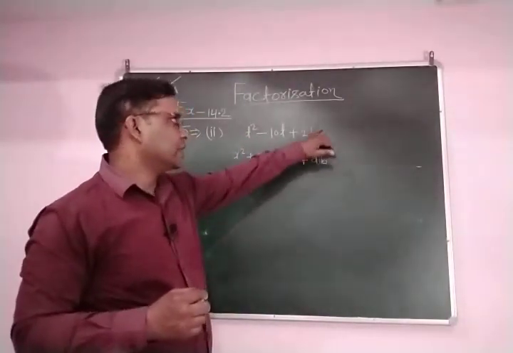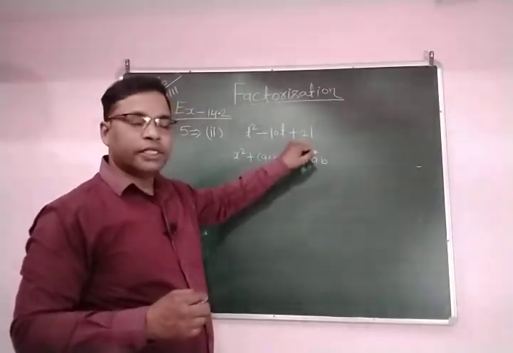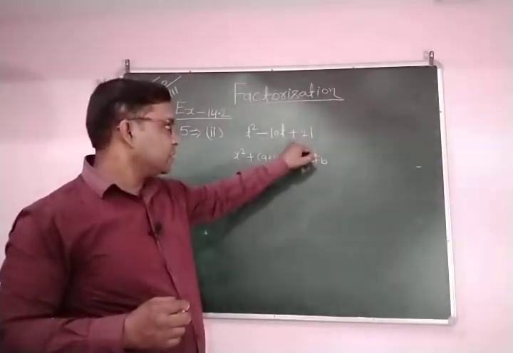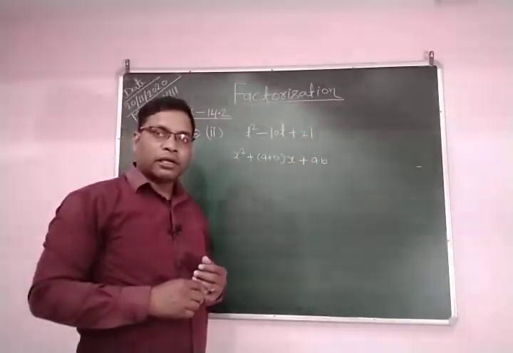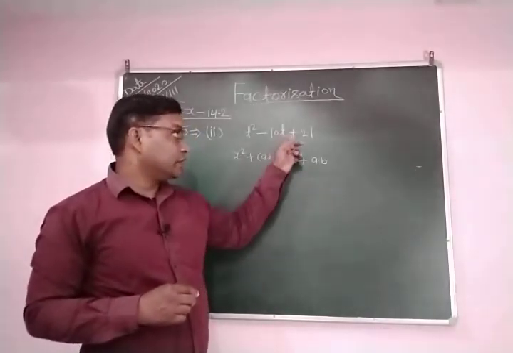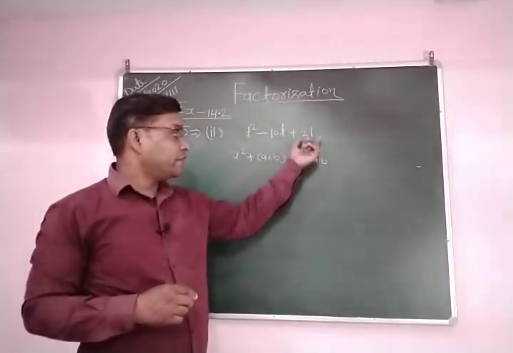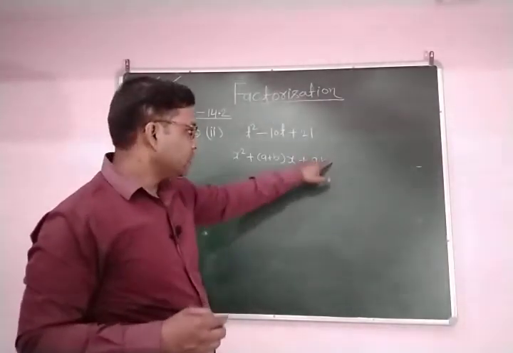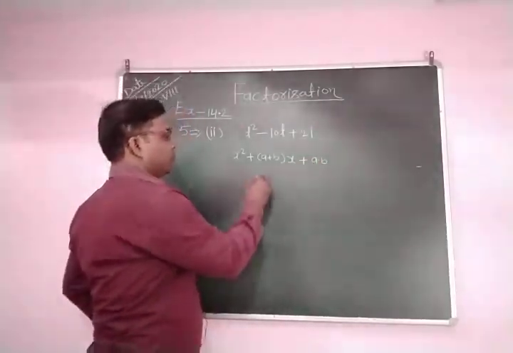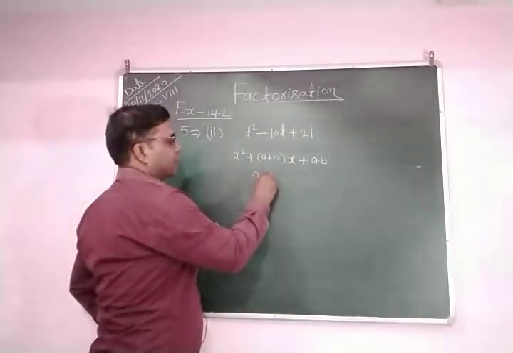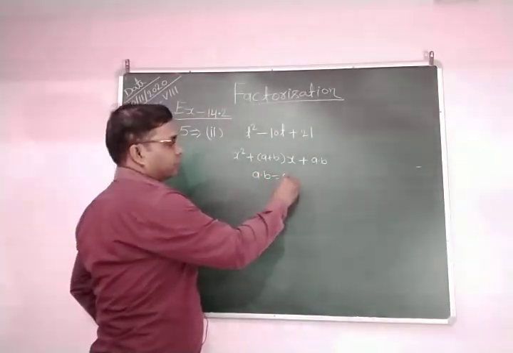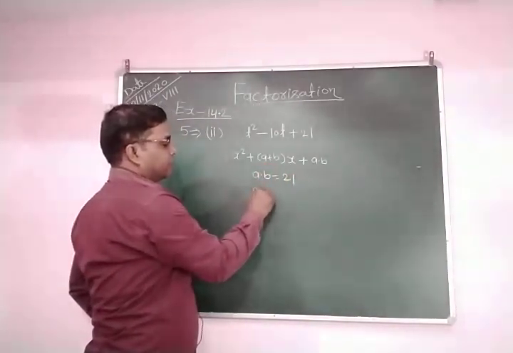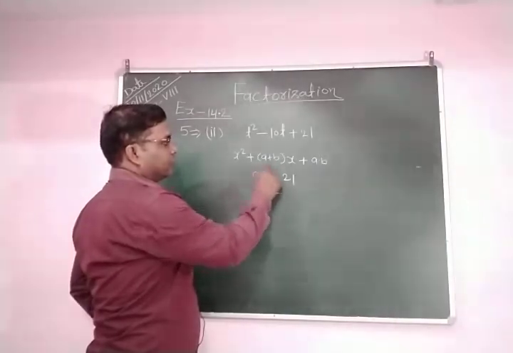This depends on the constant term and the sign of the constant term. The sign of the constant term is plus, it is positive. So we find the factors of 21 such that their sum is 10, because a into b is the constant term, which is equal to 21, and a plus b is equal to 10.